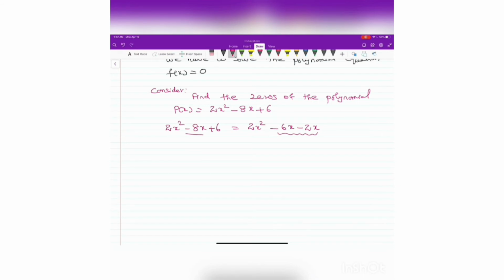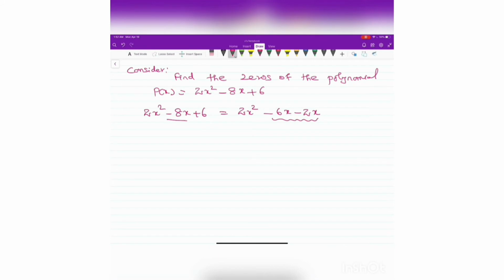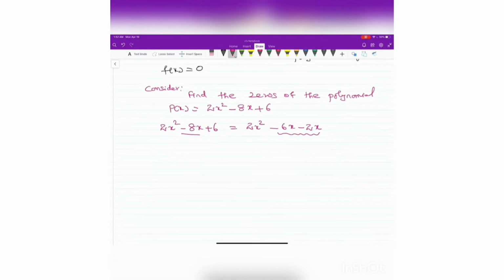Then plus 6 is there, let me write that also. When I multiply these two middle terms, I should get the product of the first and the last term. So this is the basic concept. You all must be aware of it.